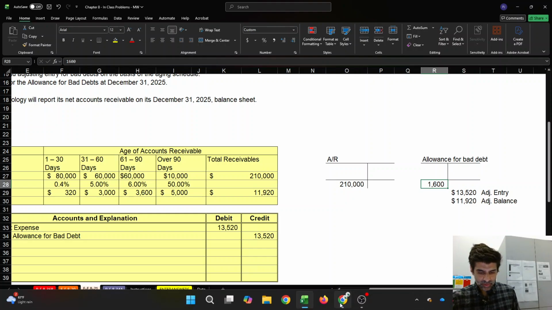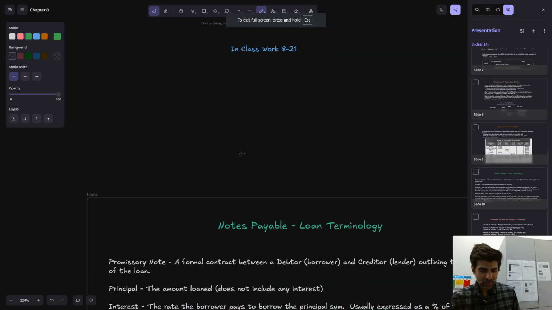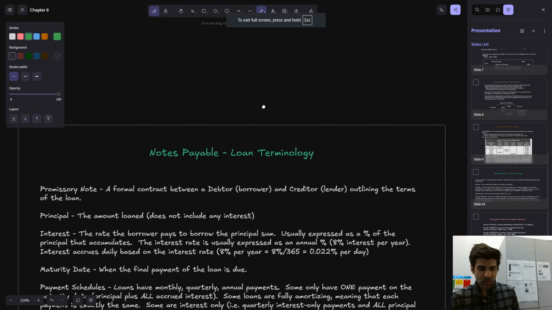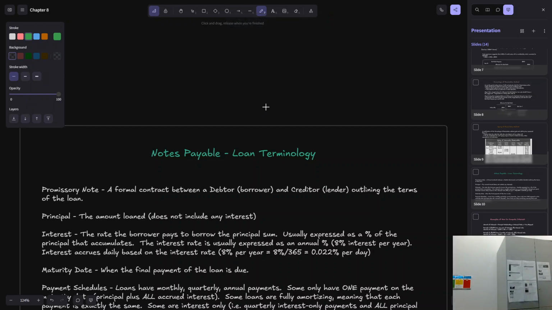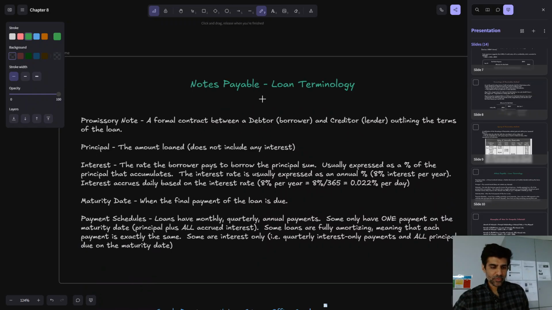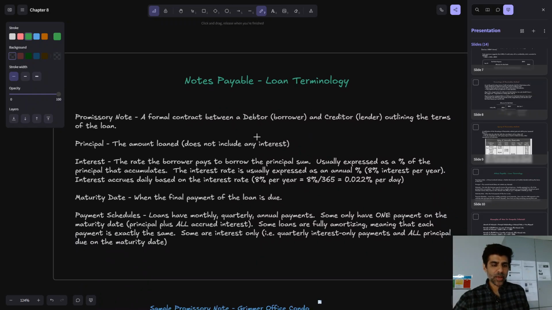There's another topic to cover in this chapter, about notes payable. Okay. So again, notes payable. It's very similar to accounts payable, except a couple things. Number one, there's going to be some formal contract that is going to outline the terms of this agreement between the borrower, the debtor, and the creditor.